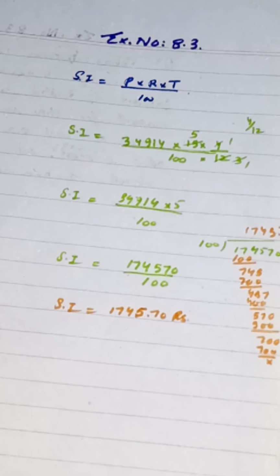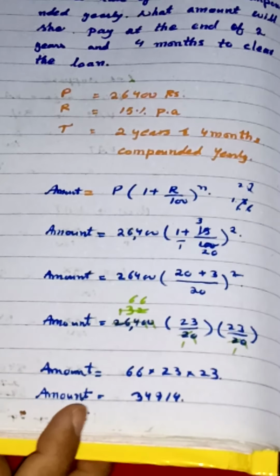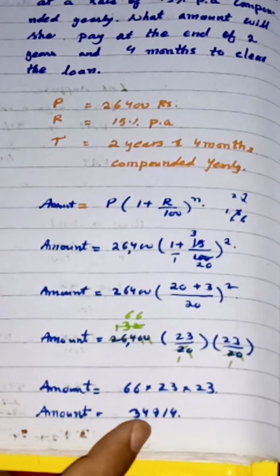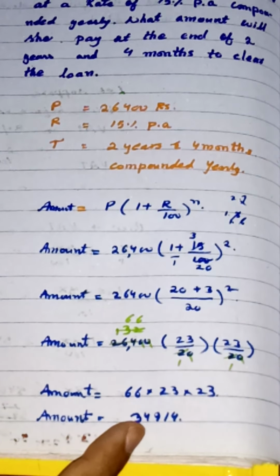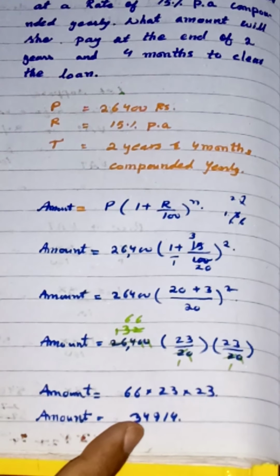But students, how to calculate the total amount? This is the amount for 2 years and we need the amount for 2 years and 4 months.